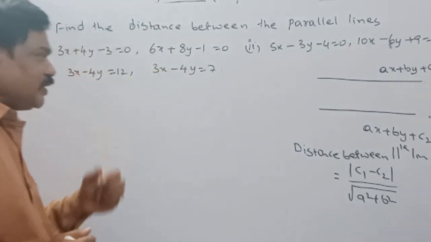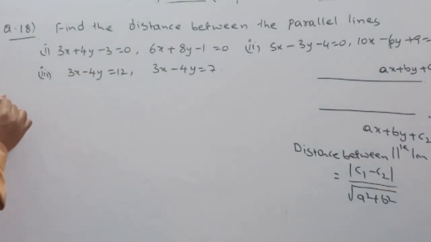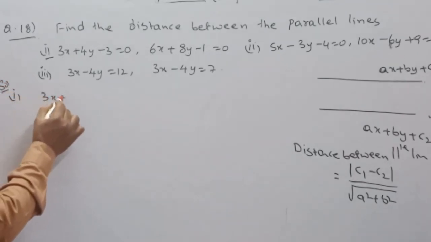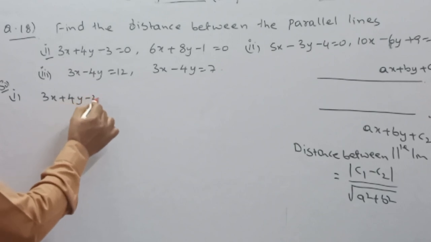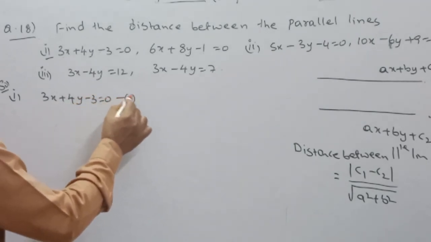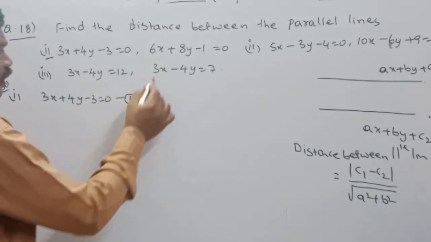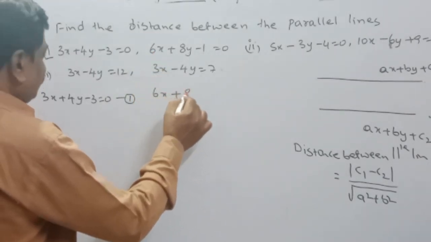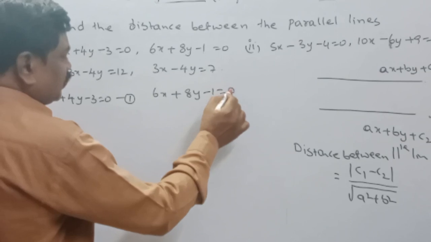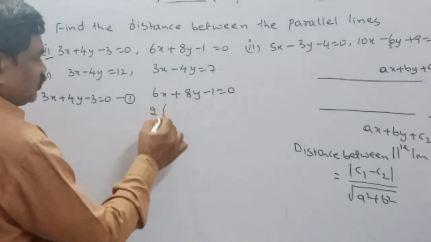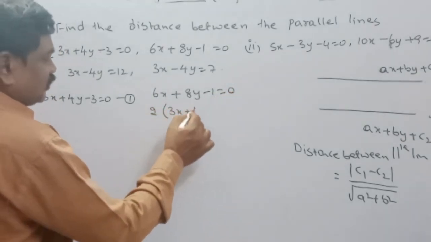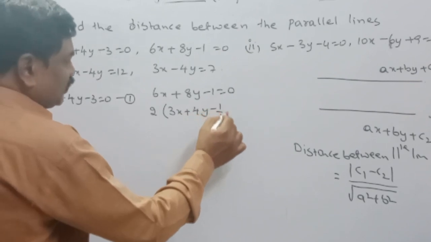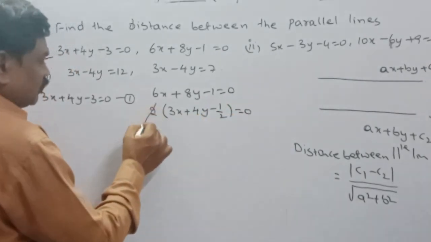Then we have to write here question number 1. So this is question number 1, first one solution. Here we have given 3x + 4y - 3 = 0, equation 1. And here this is 6x + 8y - 1 = 0. You can take common 2, that is 3x + 4y - 1/2 = 0. The 2 cancels.